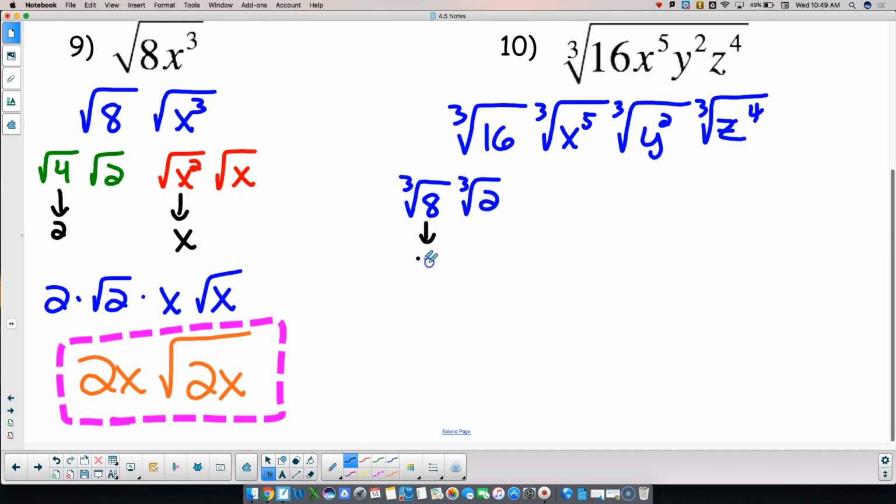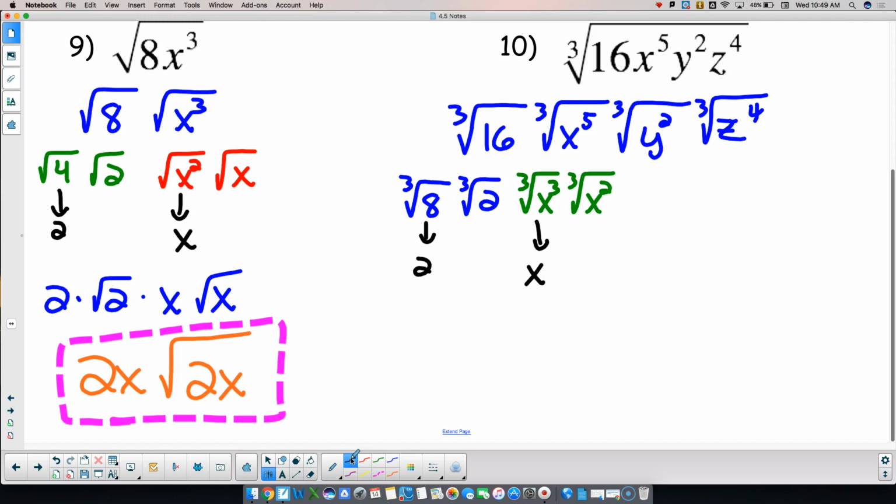So this becomes 2. Agree with that? And I would say this next one would be the cube root of x cubed times the cube root of x squared, because then this becomes x.